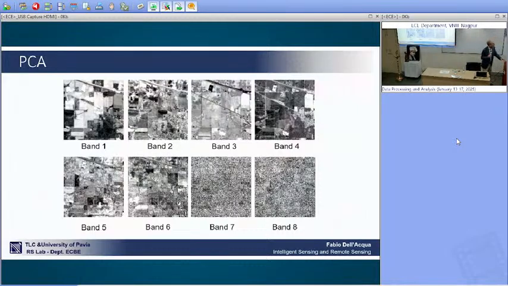The message that I'm passing here is, if you look at the image, you can see that the information content keeps decreasing from one band to the next. The way the image looks is worse and worse because the amount of information is decreasing progressively, and so the noise emerges.